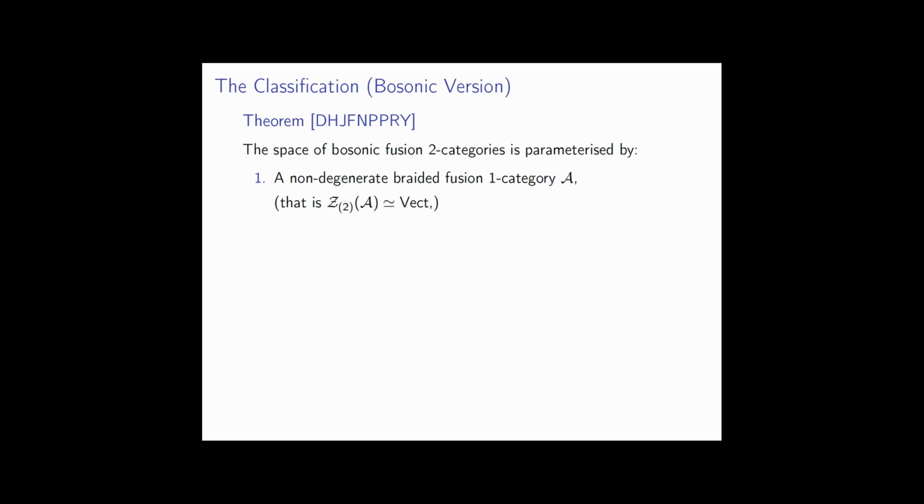It's also telling you that the classification can only be as good as the classification of some flavor of braided fusion one categories anyway. I should point out that by classification, I mean classification up to some data that's already known. And one of these pieces of data I'm going to assume is that we know a lot about non-degenerate braided fusion one categories.